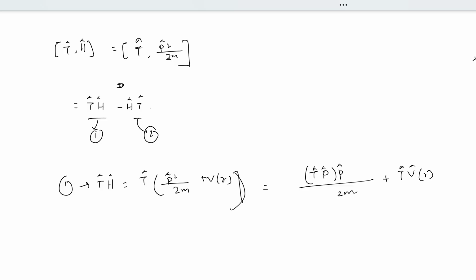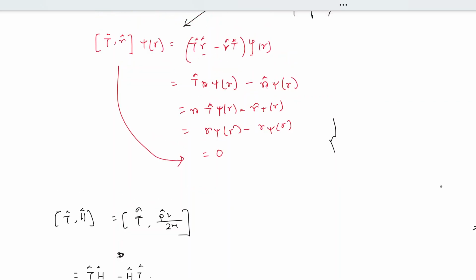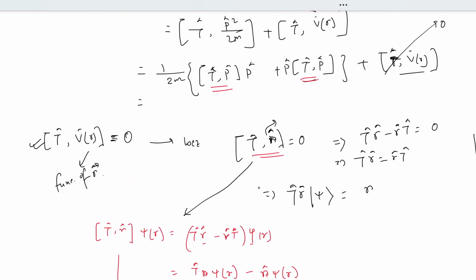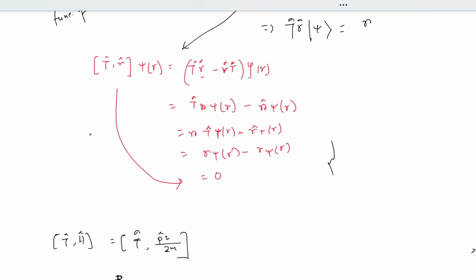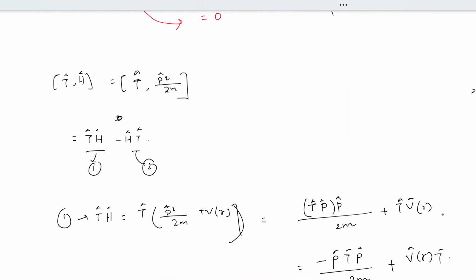Now we have seen from here that TP is equal to minus PT. So this is minus PT plus V(R) T, which is basically T V(R) that we have already obtained, because the commutation bracket of T and V(R) is already said to be 0. So if that is the case, then TV is equal to VT, right? So I have interchanged the order. Now you can again take this as TP.